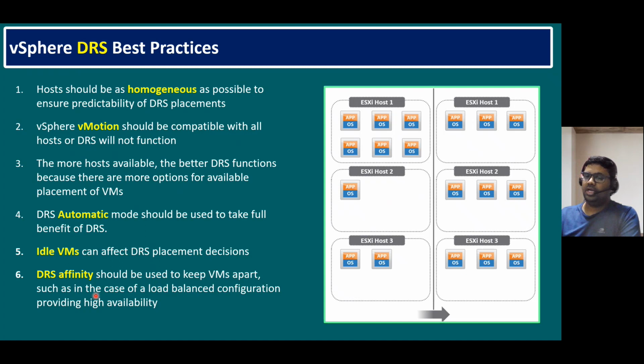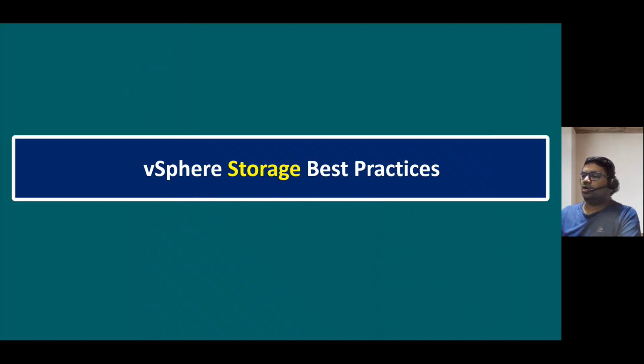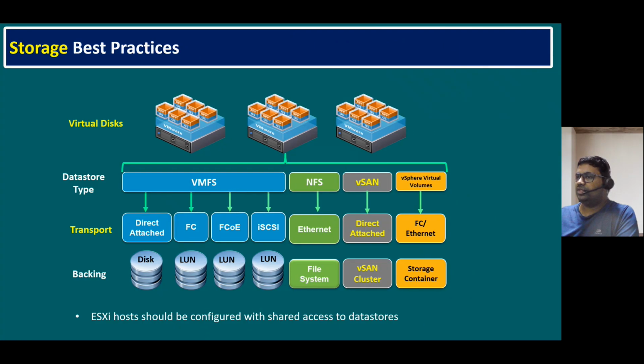Okay. Now let's talk about another key concept, vSphere storage best practices. Even within vSphere storage we have multiple storage options, but in the real world scenario it is subject to the customer's choice. Some customers may go with VMFS configuration. Even within VMFS they may go with FC SAN or iSCSI.